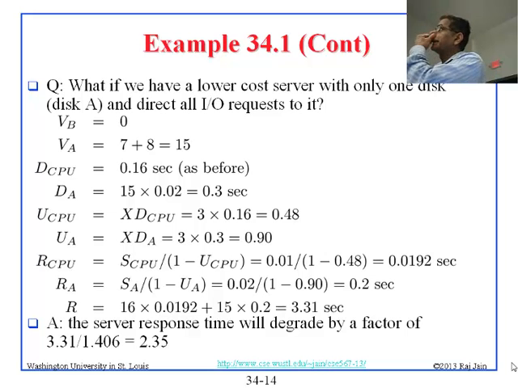Similarly, what if we want a lower cost per server with only one disk and direct all IOs to it? So now we don't want two disks, we want one disk. If you want one disk, the number of visits will go up to 15 because now nobody goes to disk B; there's no disk B. The service time at disk A is the same, and therefore the total demand changes, utilization changes, and now you can see what becomes the bottleneck.